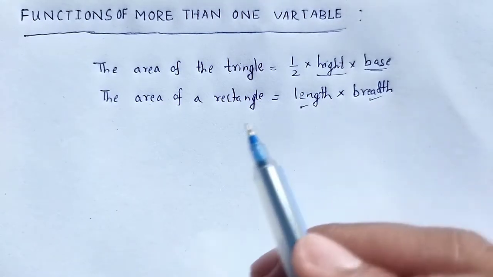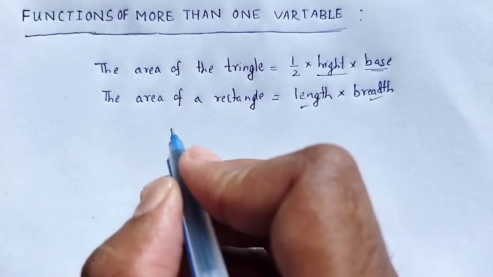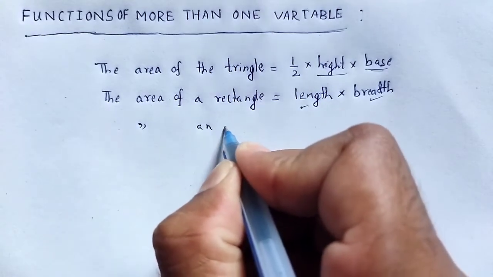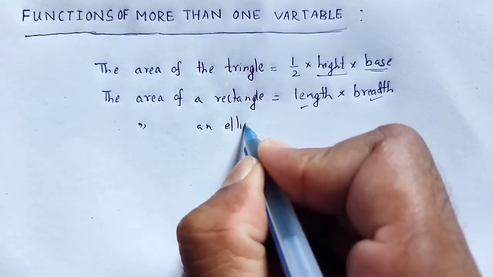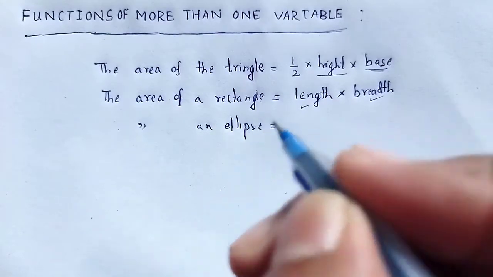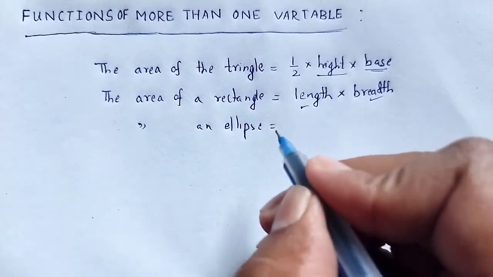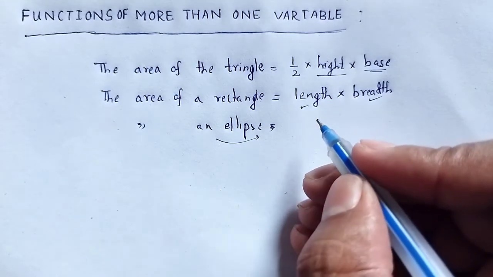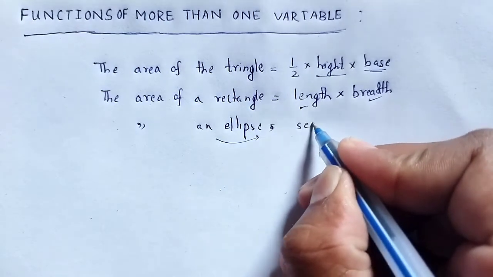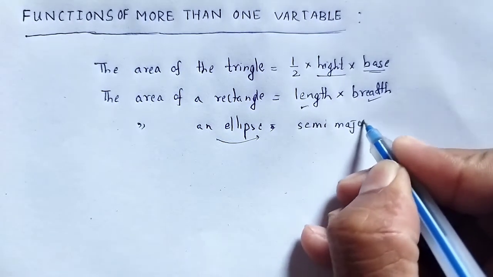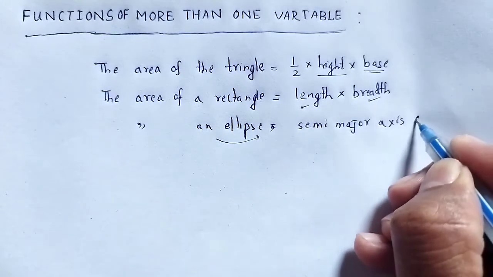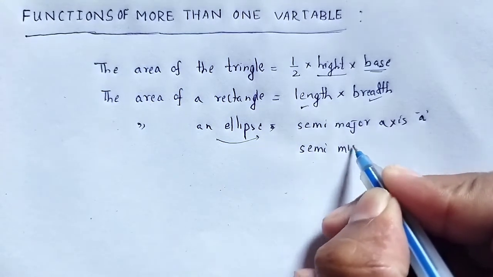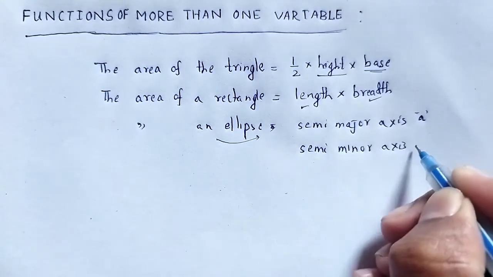Again, if we take the area of an ellipse, it depends upon its semi-major axis, small a, and semi-minor axis, small b.